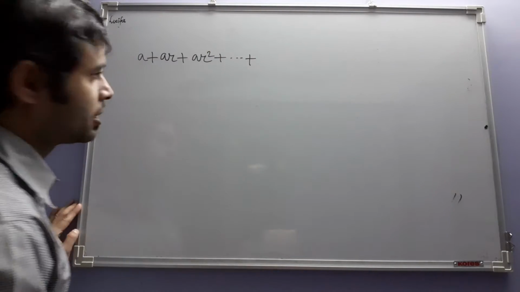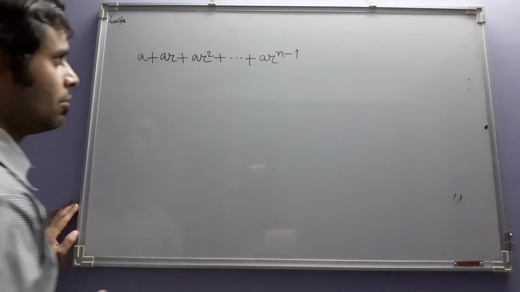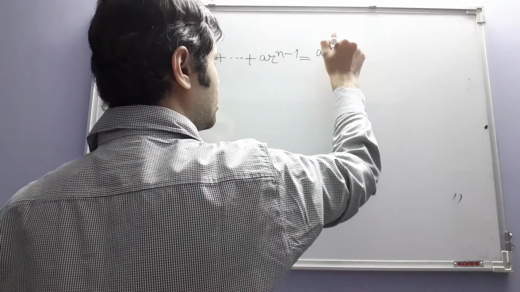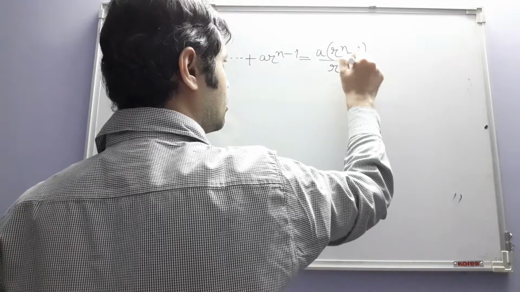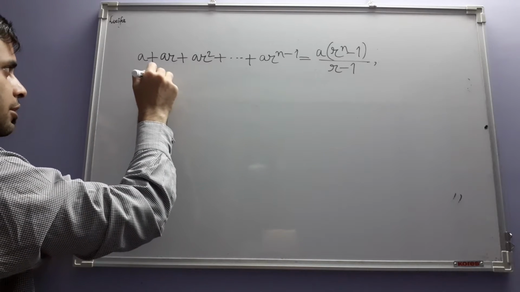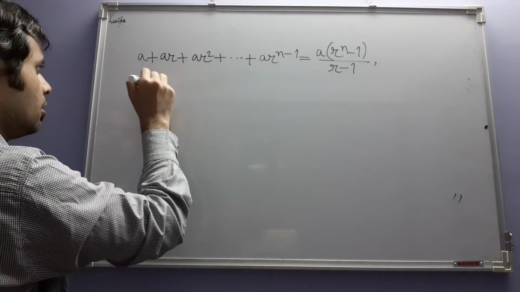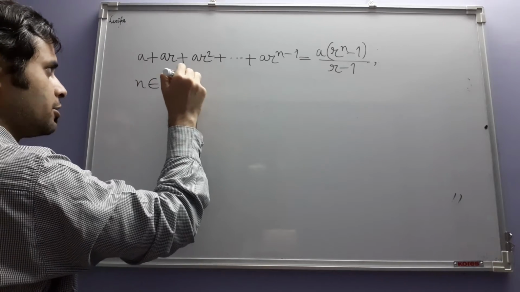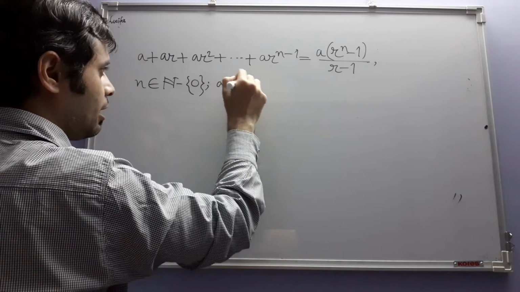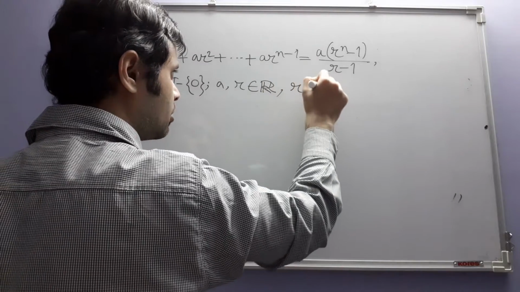If you are familiar with this series, a plus ar plus ... plus ar to the power n minus 1 is equal to a times r to the power n minus 1 divided by r minus 1, where n is any positive integer, and a and r are real numbers and r is not equal to 1.